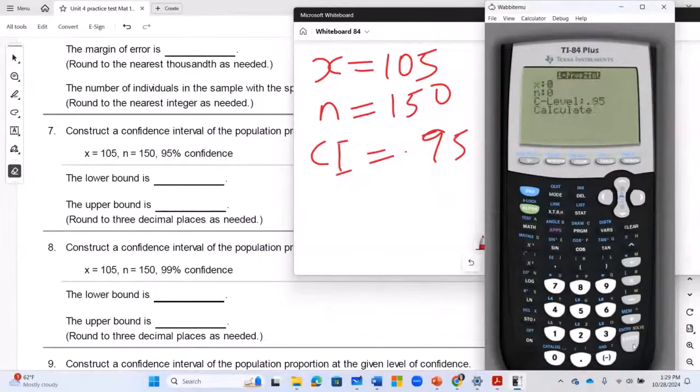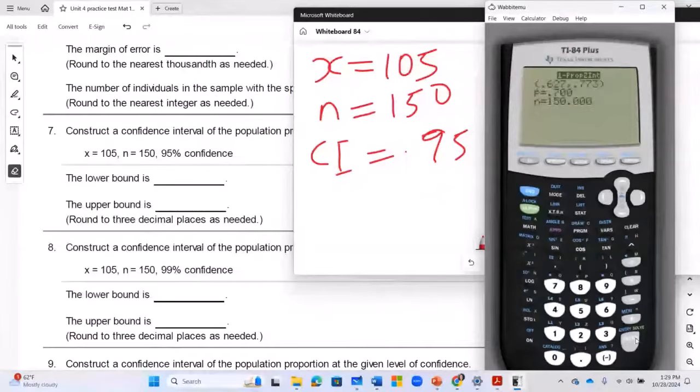What is the number of people who showed up? 105. The sample size is 150. And the confidence level is given to me as 0.95. So I'm going to calculate.